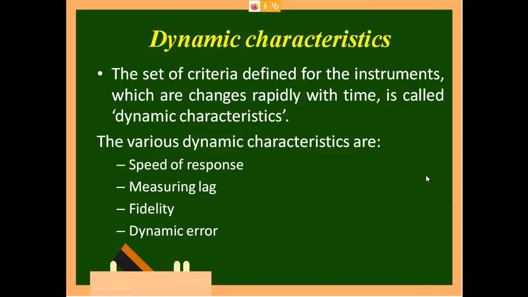Between induction motor and synchronous motor, what is the difference? Induction motor will always have some lag. If you try to reduce that lag, your motor will stop. When you try to reduce the lag between the rotating magnetic field and the magnetic field which is set up, obviously the motor will stop at one instant.